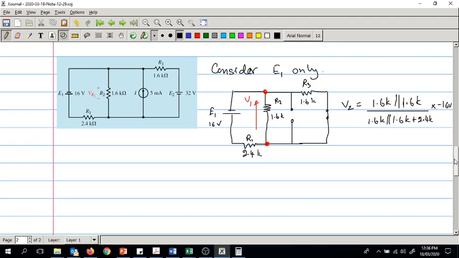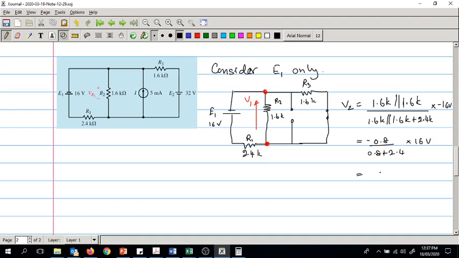Now when you put two equal resistors in parallel, the resultant will become half of that. So 1.6 divided by 2 is 0.8K. So 0.8 over 0.8 plus 2.4, into minus 16 volts.